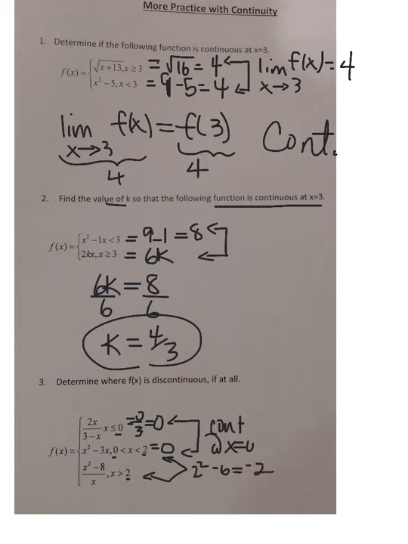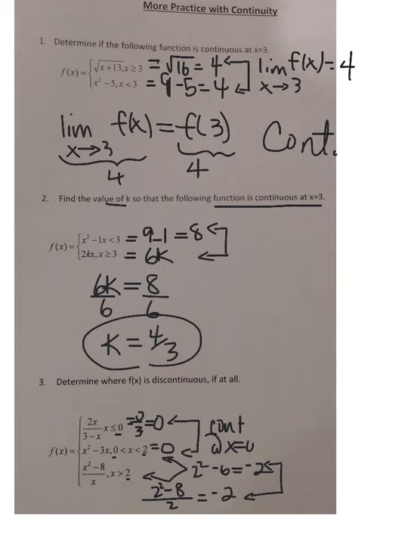Now I'm going to plug 2 into this bottom part right here, and I get 2 squared minus 8, and that whole thing is over 2. And when I reduce that, that is also negative 2. So once again, like the first two groups, these second two groups are also continuous.